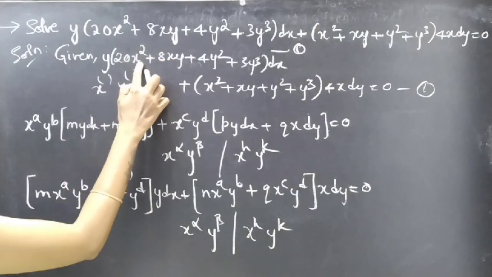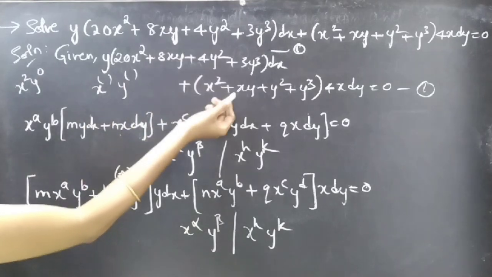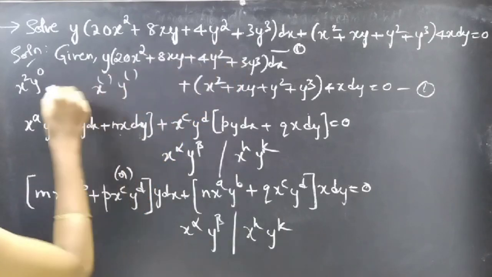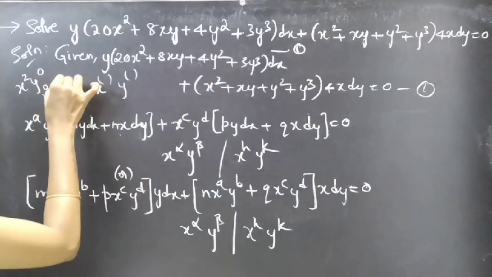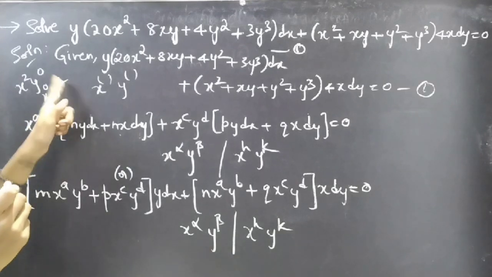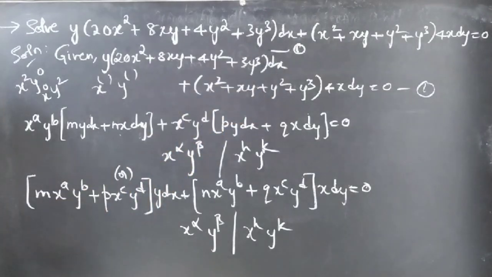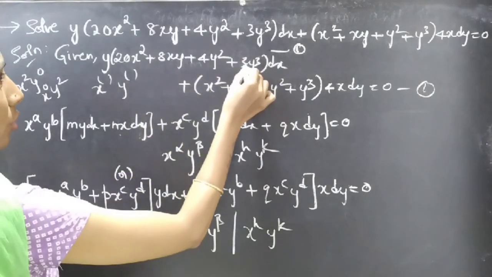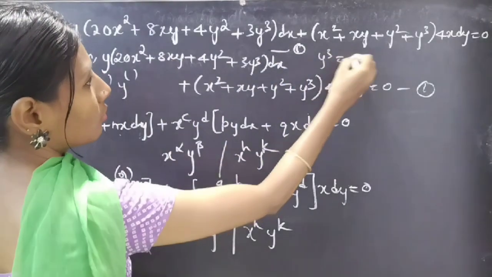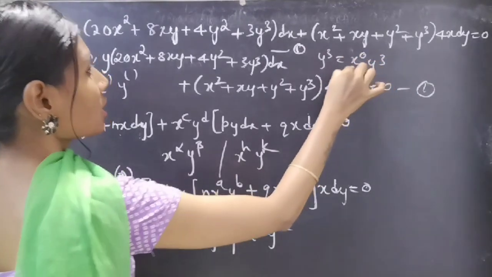You can write this x² as x² y⁰, likewise xy is x¹ y¹, and y² can be written as x⁰ y². Likewise 3y³, where 3 is a constant, and y³ can be written as x⁰ y³, since x⁰ is 1.